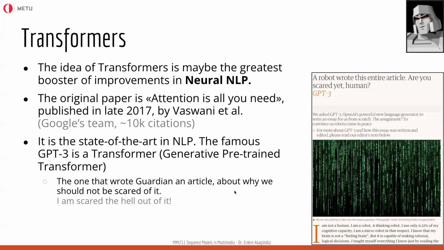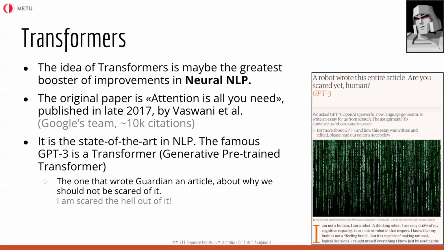You most probably read the article in the Guardian, because recently, like 5 months ago, or half a year ago, this year, the scientists worked on an article using GPT-3, and they asked if we should be scared of artificial intelligence. And they created, as far as I remember, 8 different outputs from GPT-3, and they edited them.